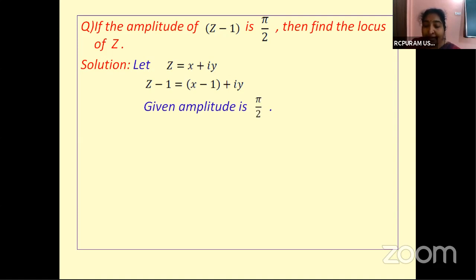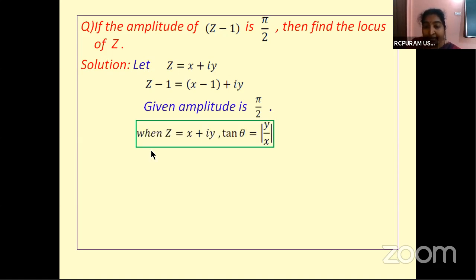That means tan theta is mod of y by x when z is x plus iy. Here our theta value, that is amplitude, is given as pi by 2. So tan pi by 2 is equal to y by x minus 1.